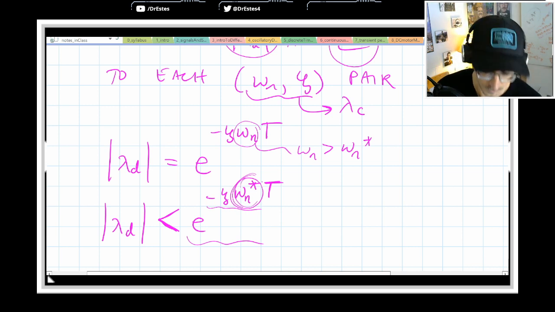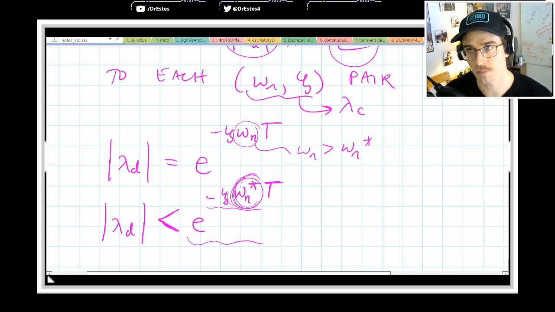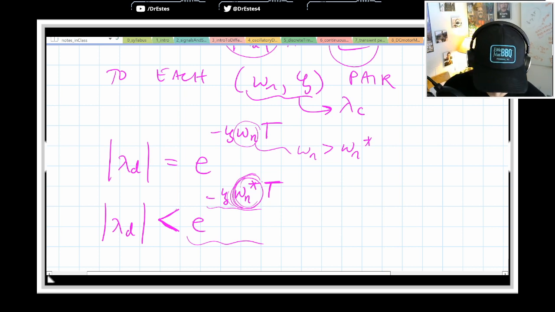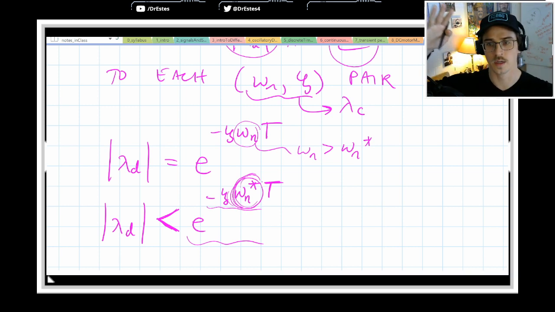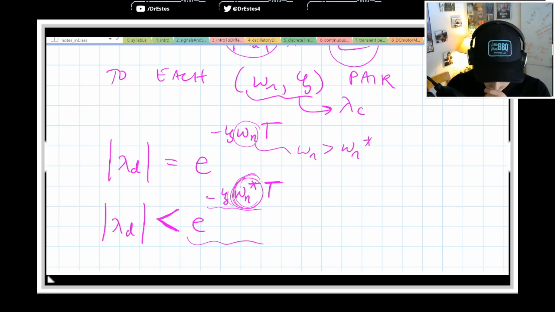Because omega n is greater than this, omega n star is the smallest it can be. We know that the magnitude has to be less than this. So when we're filling in our contour, we're going to fill in the side that makes the magnitude less.